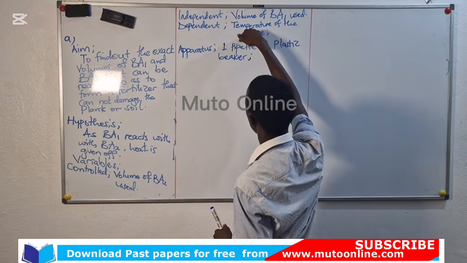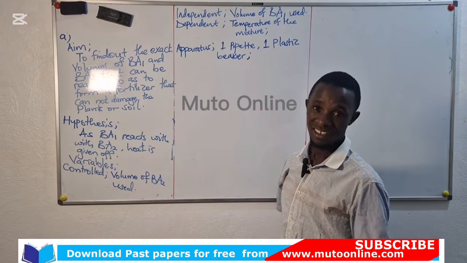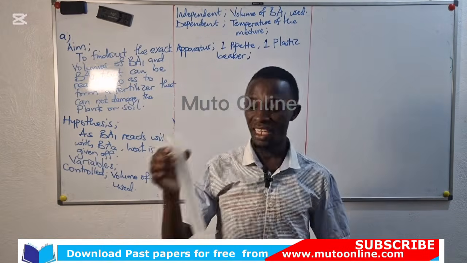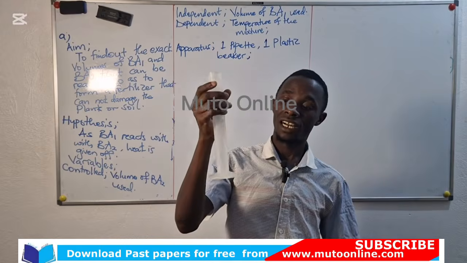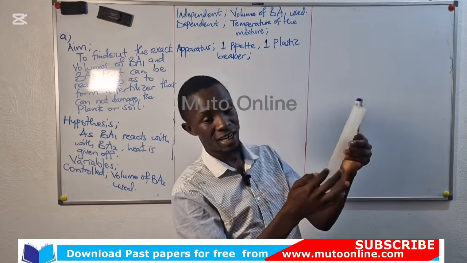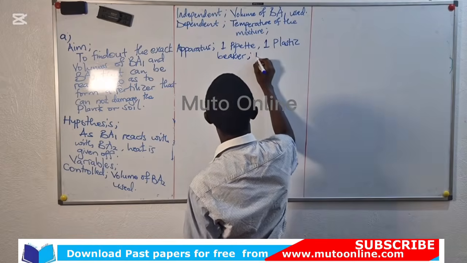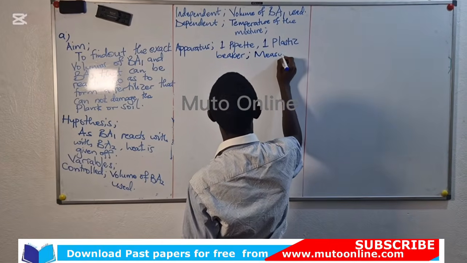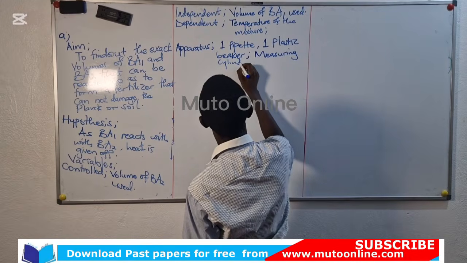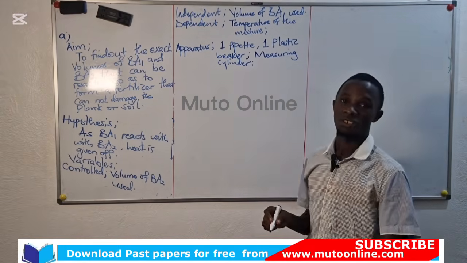Alternatively, we may use a measuring cylinder instead of a pipette, because a measuring cylinder can as well measure standard given volumes. Because it is graduated, it has a scale here. So from here I'm going to use a measuring cylinder.